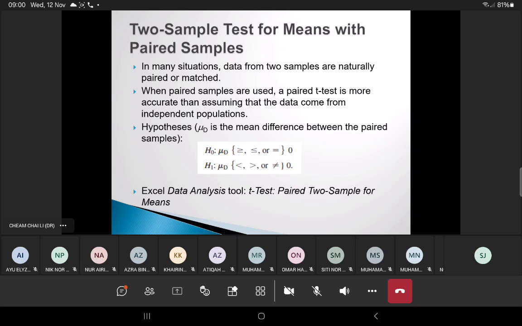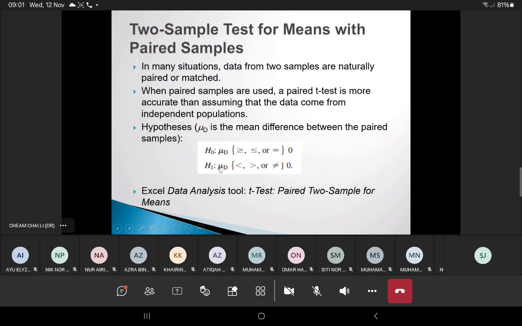So if you have the two paired samples, you have to differentiate by having mu D. You must have D. So mu D is the mean difference between the paired samples, right? Usually in the null hypothesis, you can write mu D either greater than or equal to, less than or equal to, or equal to 0.